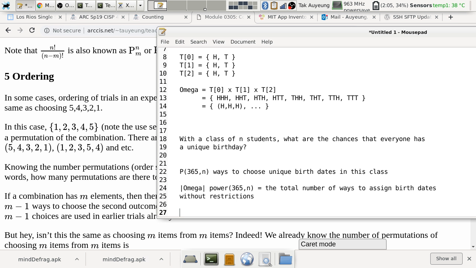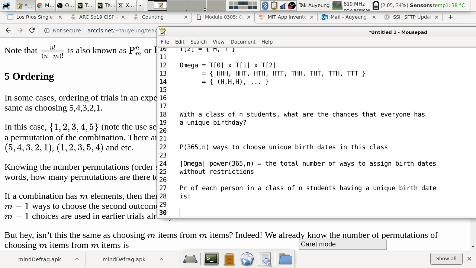So now the probability of each person in a class of n students having a unique birth date is just a division. So now we are looking at P(365, n) divided by 365 to the power of n. Are we good so far? Does that make sense?